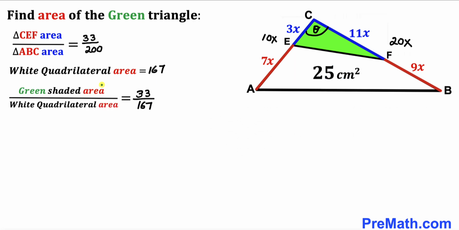Therefore, the ratio of the green shaded triangle CEF to the white quadrilateral area is 33 divided by 167. And here's our final step.